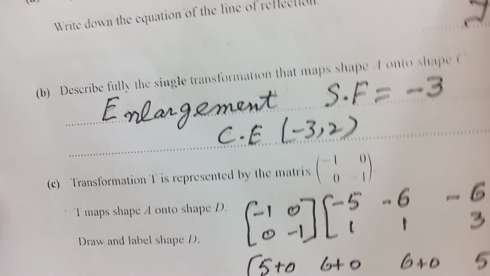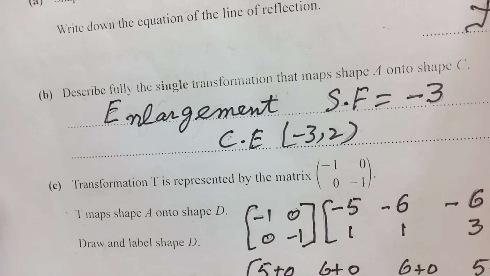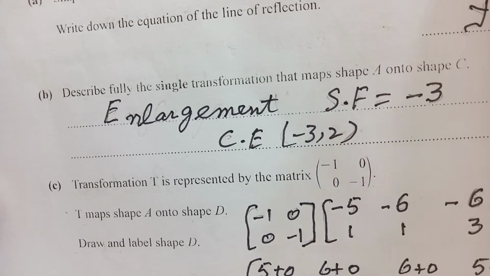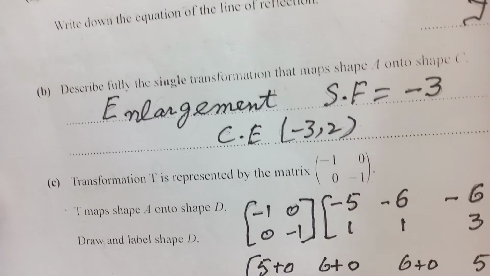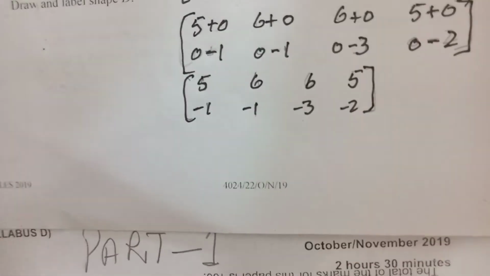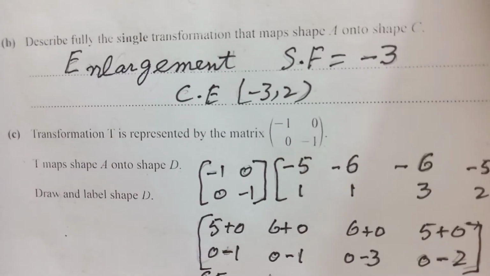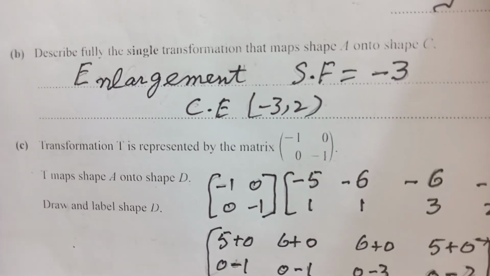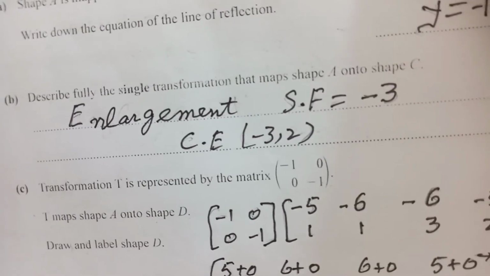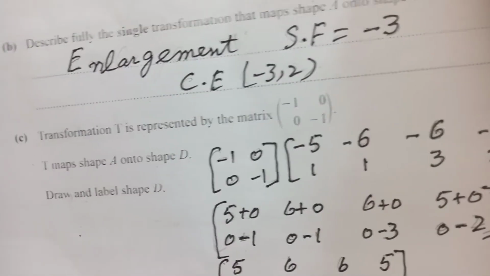Now in C part, transformation T is mapped by the matrix -1 0 0 -1. This matrix is for rotation. A is rotated to D by 180 degrees.